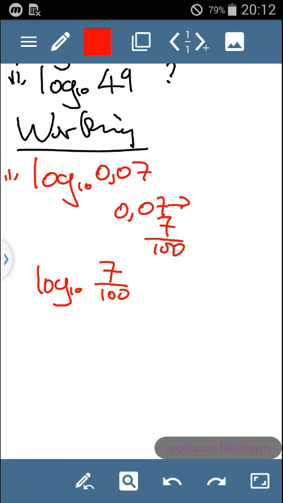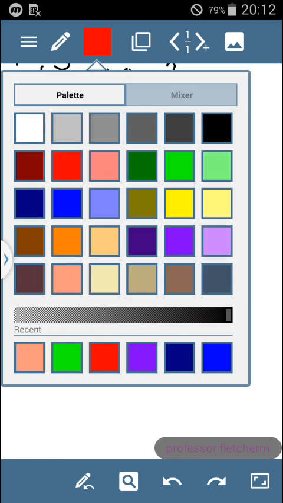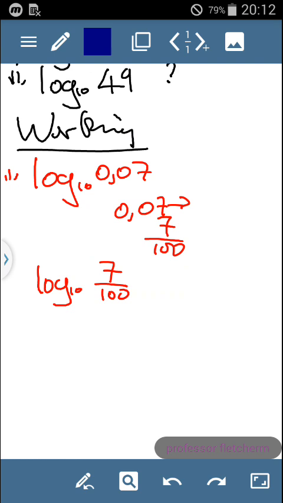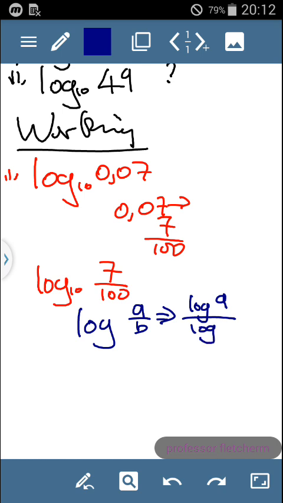According to the laws of logarithms, and let me use a different color to explain one of the laws, it says log A over B is the same as log A over log B. That's what the law says.